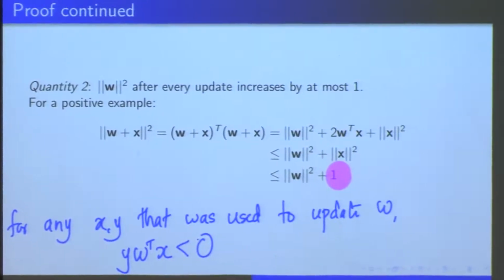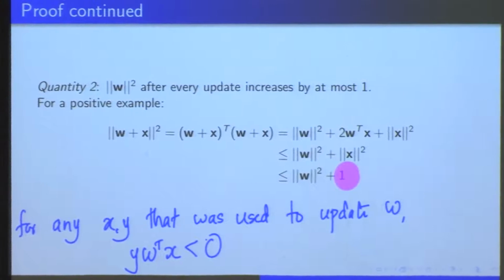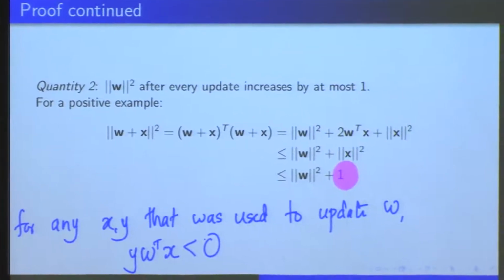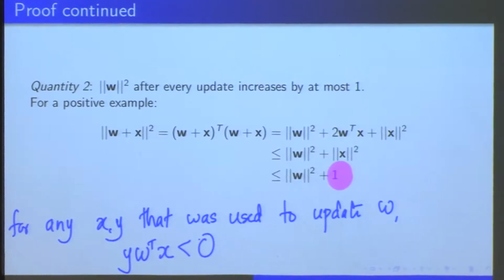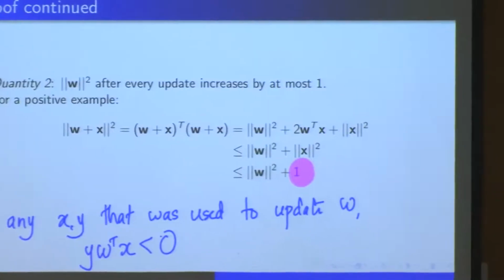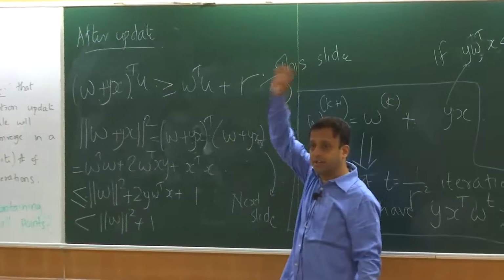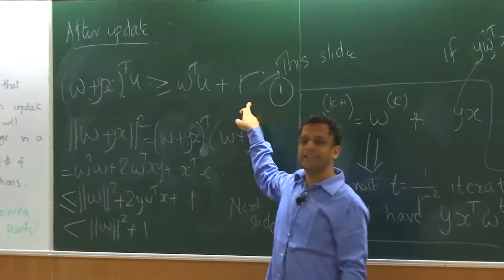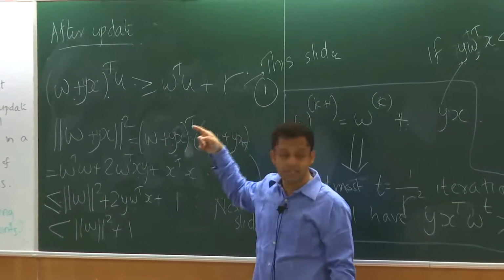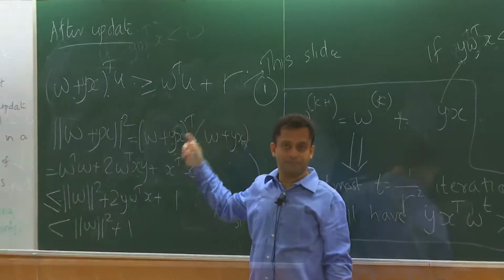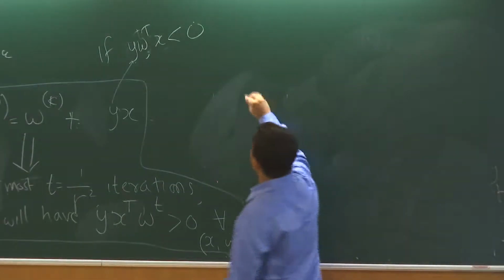So we have two observations. One is that norm w square, for positive and negative examples, increases by at most 1, and the dot product with u, the target u, increases by at least gamma.